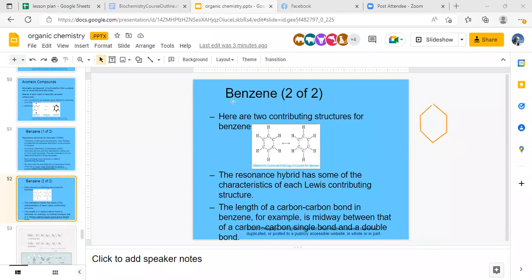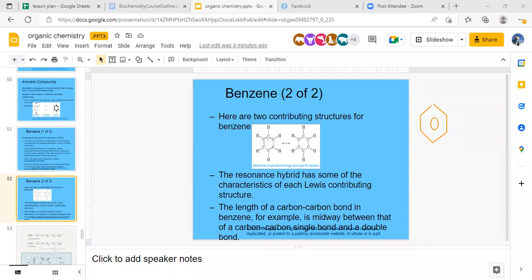Tapos meron tayong below. Okay? So yan yung representation ng benzene kasi yung double bond na yan, yung isang bond free to move around. So instead of drawing the structural formula, you can represent benzene as this one. So the carbons represent the corners. And since alam natin na tag-apat yung bonds ng carbon, it's implied that the hydrogens are there.